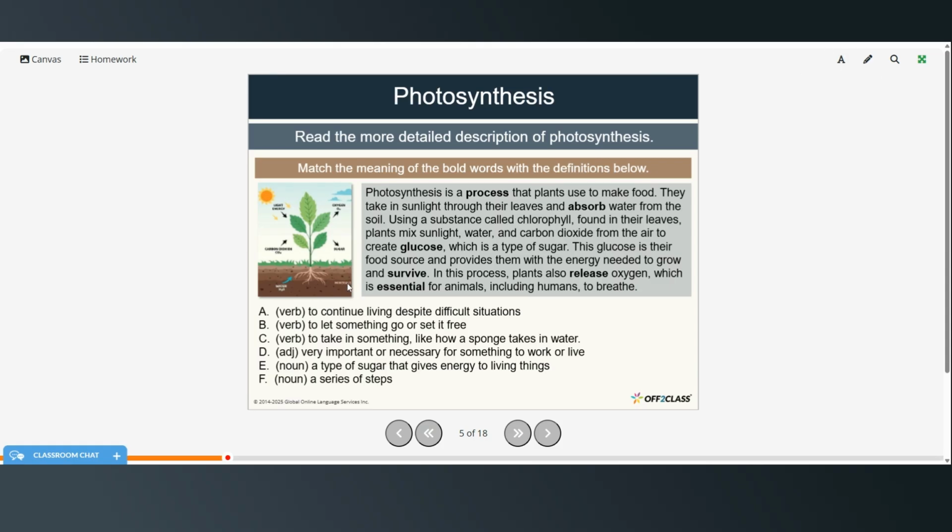All right, so to continue living despite difficult situations, letter A is to survive. And then B, to let something go or set it free, is release.